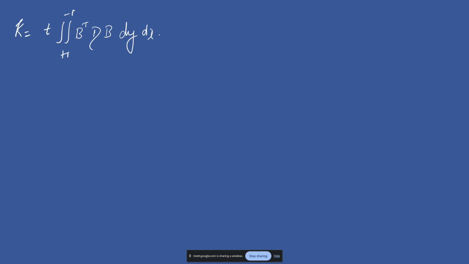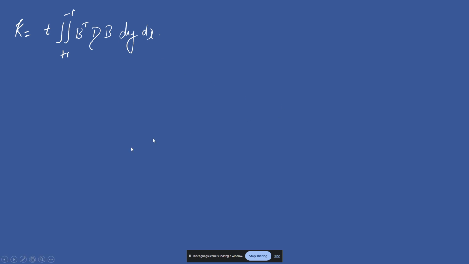So once you have this k matrix, you can evaluate this integral.